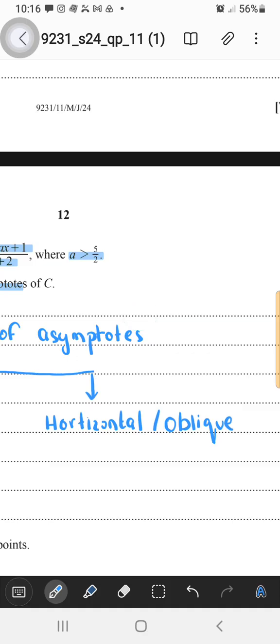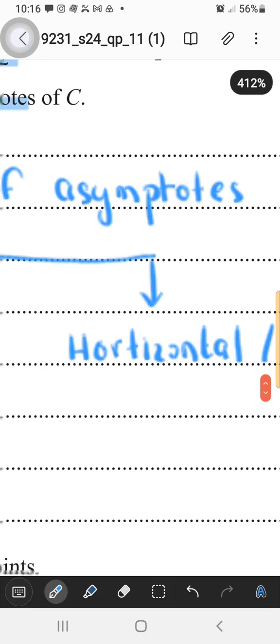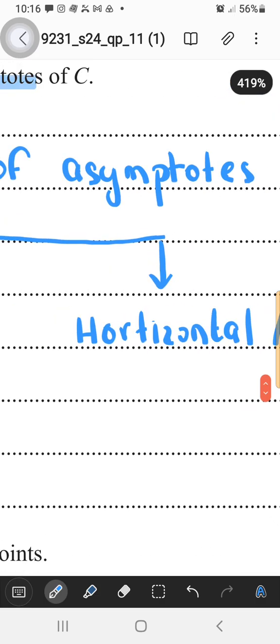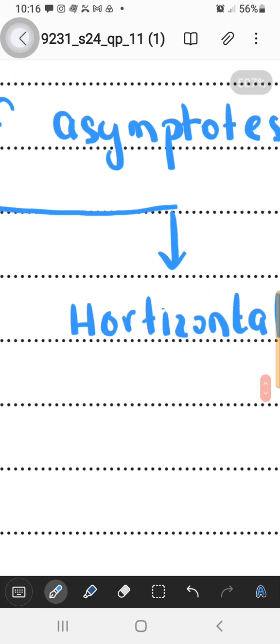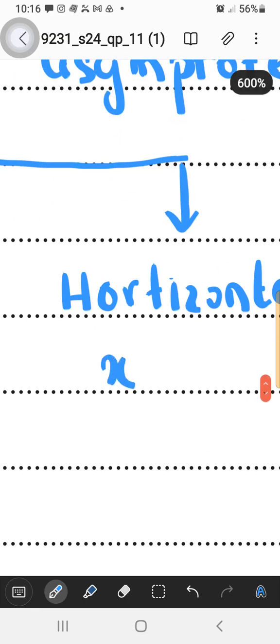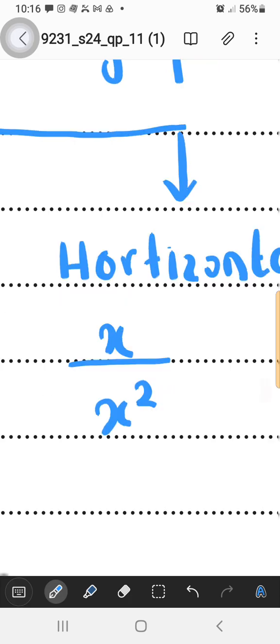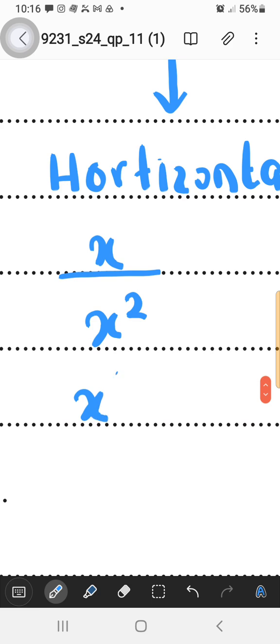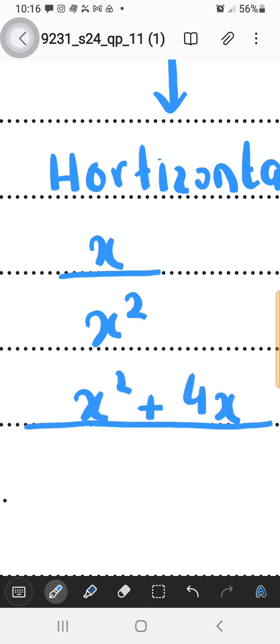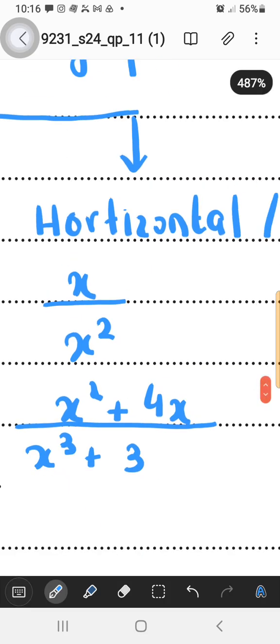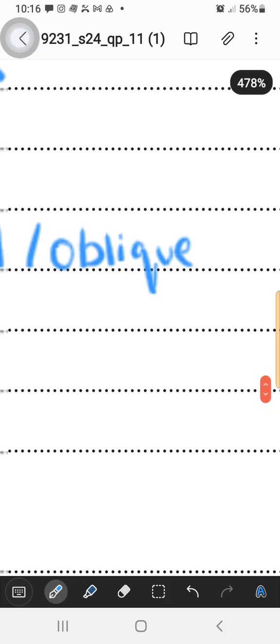A horizontal asymptote occurs when the degree of numerator is less than the degree of denominator. For example, if it is x square plus 4x in the numerator and x cube plus 3 in the denominator, there will be a horizontal asymptote.